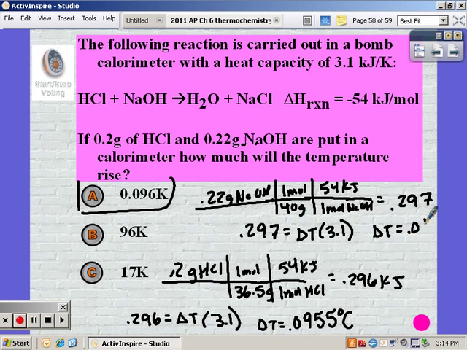So our delta T for NaOH would be 0.0958. The smaller answer is the correct answer, like all limiting problems.